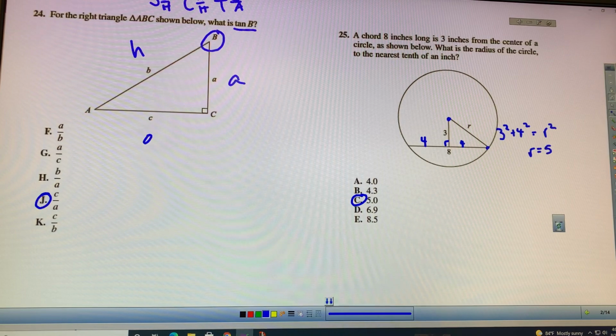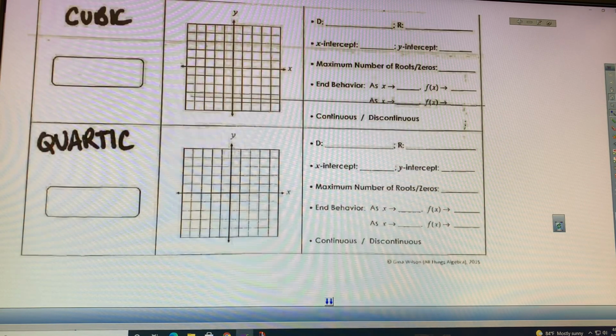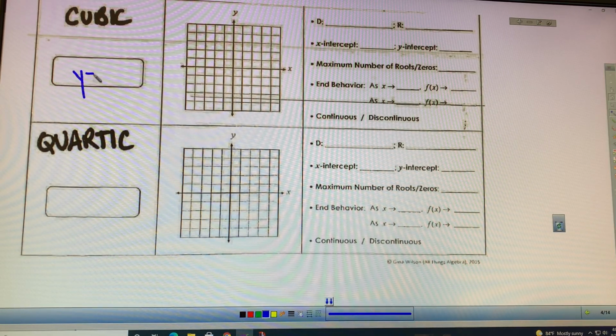Okay, let's see. We did this yesterday, and I'm pretty sure this is what we did, but let me go ahead and fill this in. Y equals x cubed. You need to graph it, plot your points.